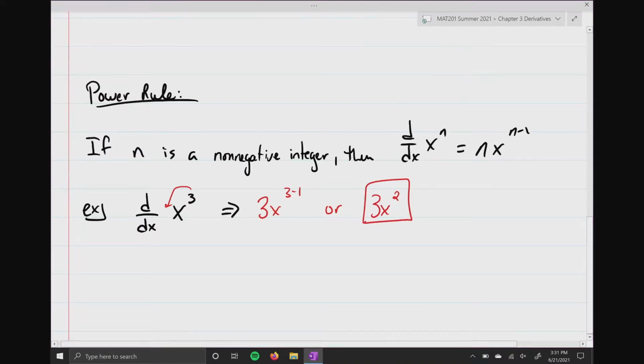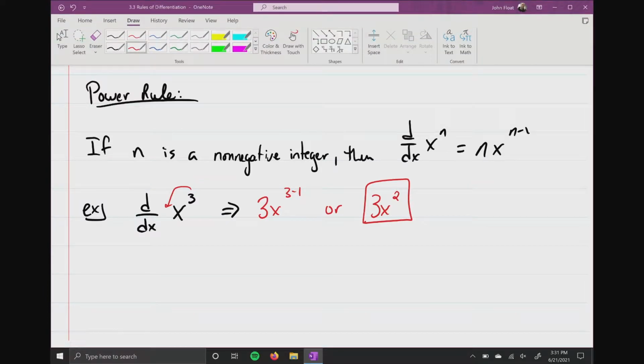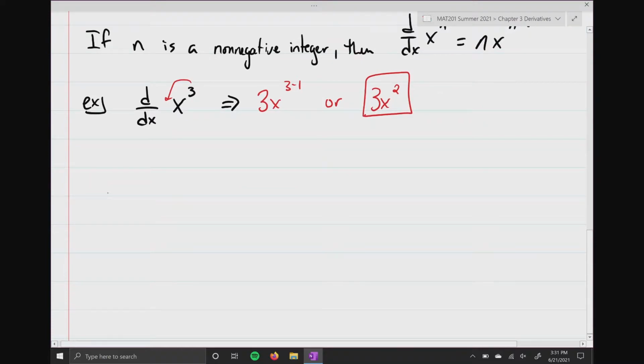So I'm going to do just a couple examples using this. So let's see, the derivative d/dx of x to the 16th power equals 16x to the 15th.